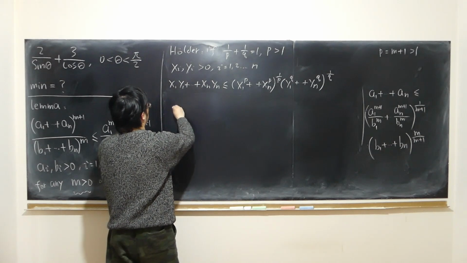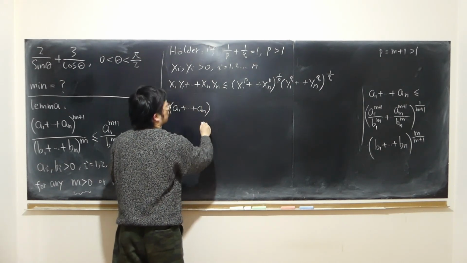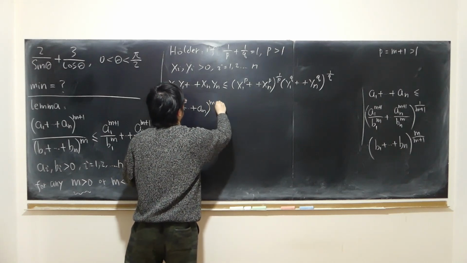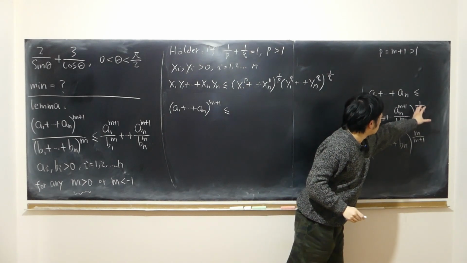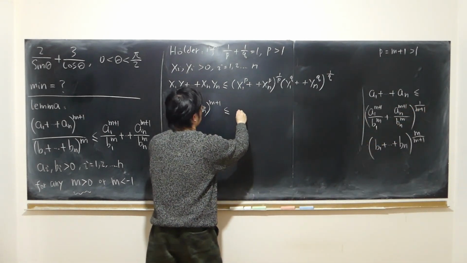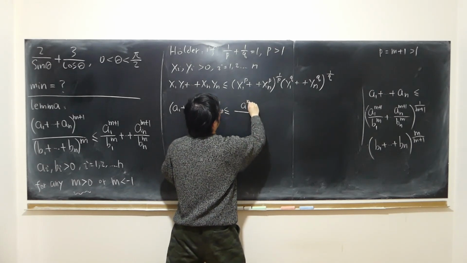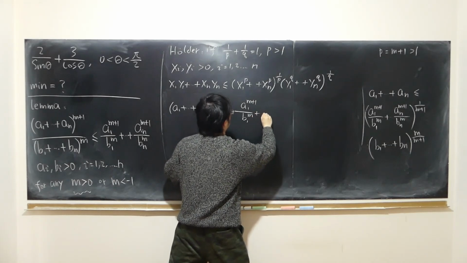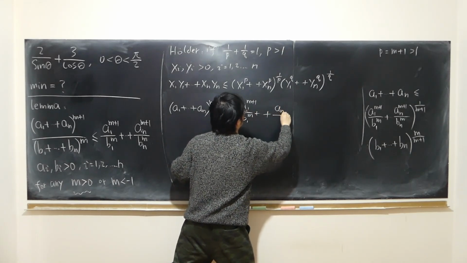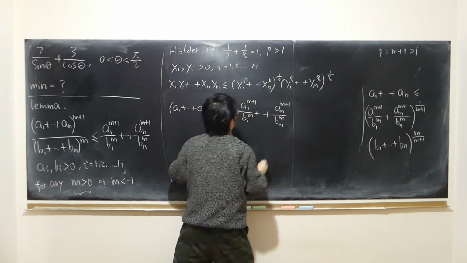So left hand side, a1 all the way to the m plus 1, less than or equal to, this power is gone, a1 to m plus 1 over b1 to m, all the way an to m plus 1 over bn to m.